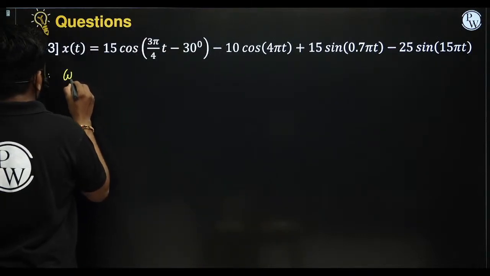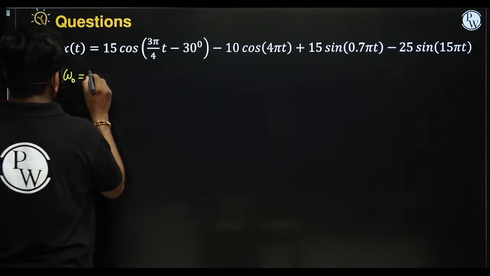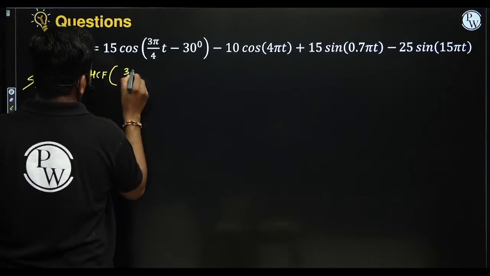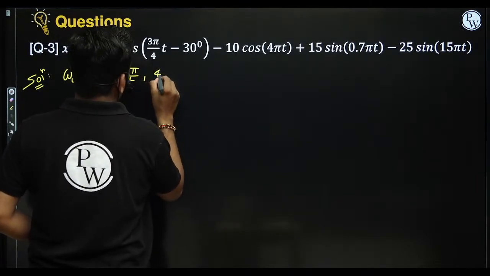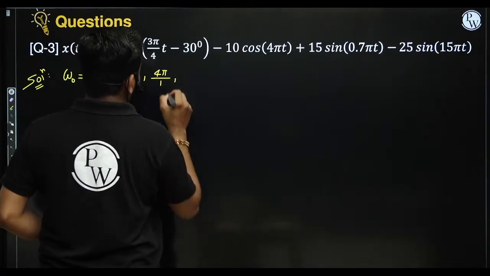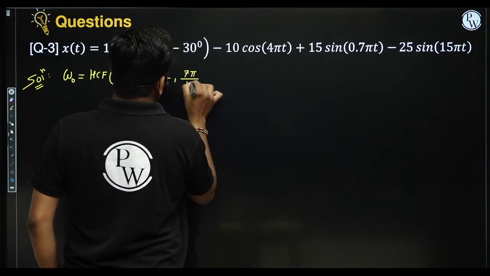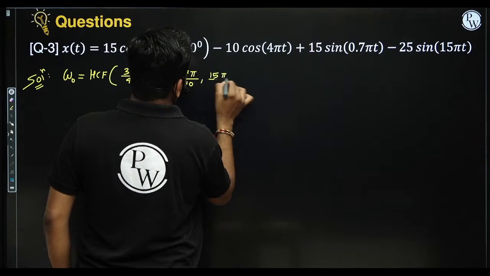The fundamental frequency is given by the HCF of the individual frequencies: 3 pi by 4, 4 pi by 1, 7 pi by 10, and 15 pi by 1.